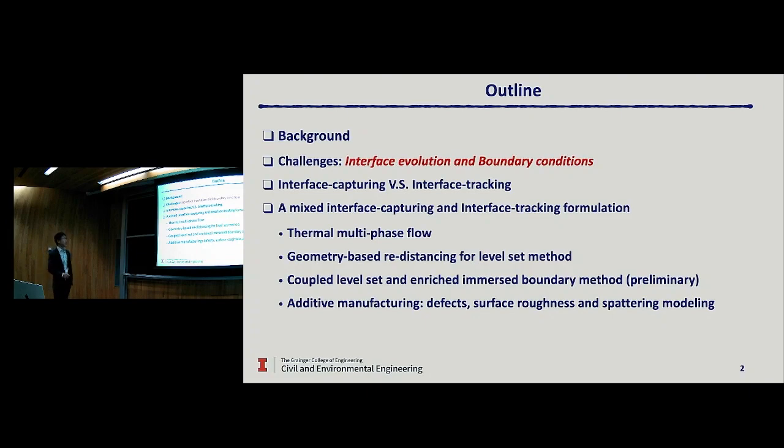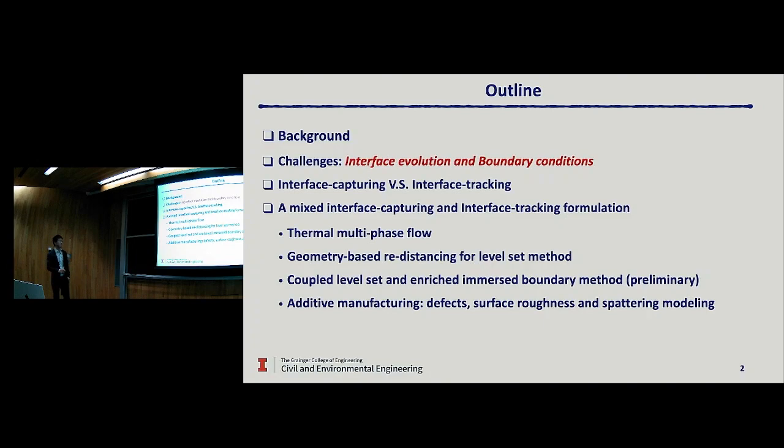So this is the outline of my presentation. I will give you some background about what is metal additive manufacturing and show you the challenges of modeling and simulation of a metal additive manufacturing process. Metal additive manufacturing is a very unique type of interface-coupled multiphysics system. From the perspective of computational mechanics, the challenges can be summarized as 2 points.